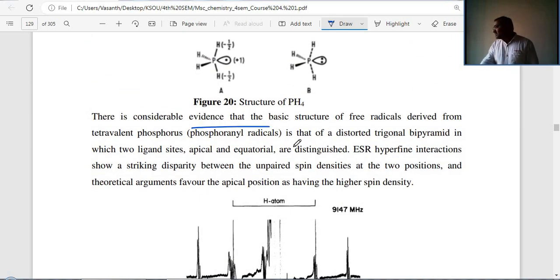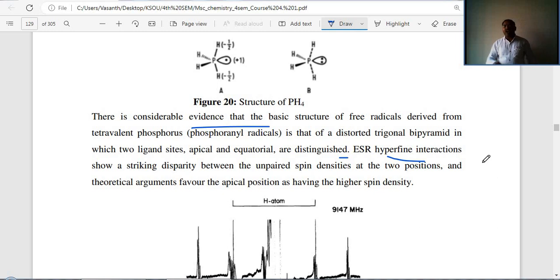There is considerable evidence that the basic structure of free radicals derived from tetravalent phosphorus is that of a distorted trigonal bipyramidal in which 2 ligand sites, apical and equatorial, are distinguished.